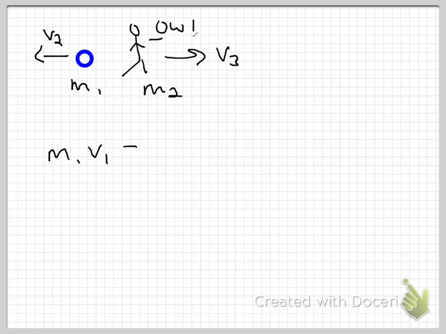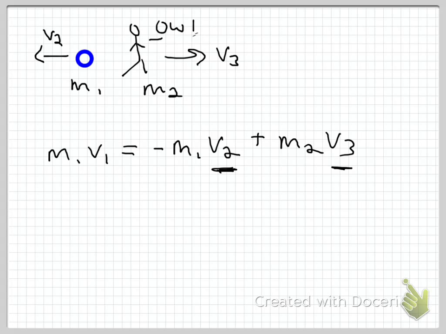And afterwards, what I've got is the momentum of the baseball, but notice the direction now, and I'm given that direction, and so I'm going to have a negative here, negative m1 v2 plus m2 v3, and I'm still being asked to find v3. And in this part of the problem, v2 was actually given to me.